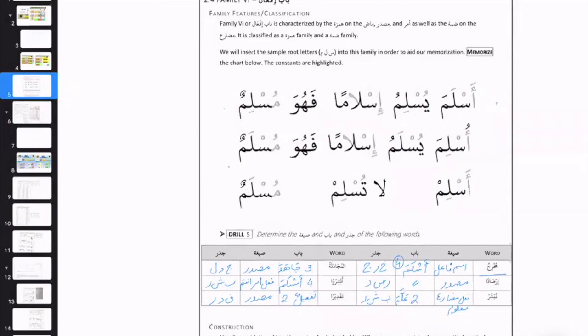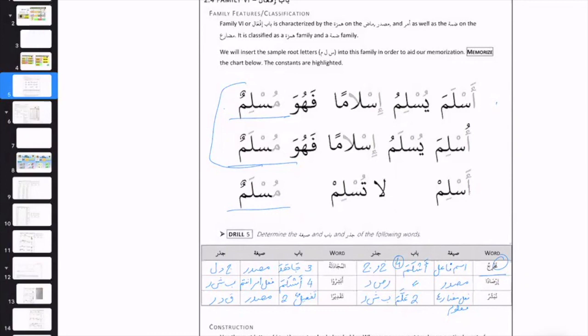Because I hear the mu sound, I need to check either ism fa'il, ism maf'ul, or zarf. Basically they are the same, so we can just look at these two things: ism fa'il or ism maf'ul. So mukhrijun. How do I differentiate again?